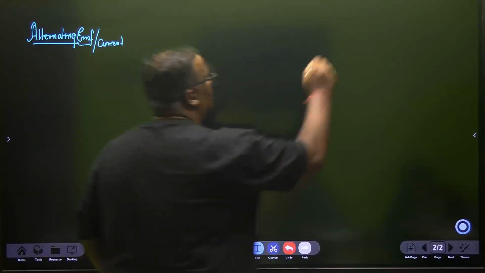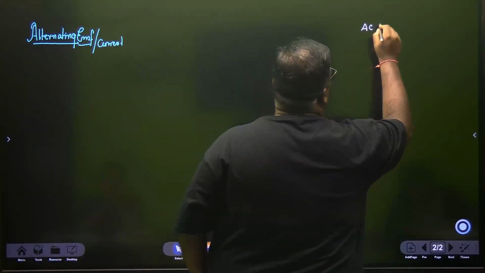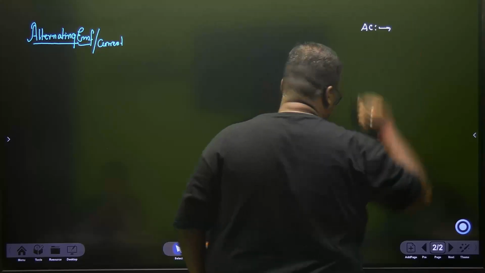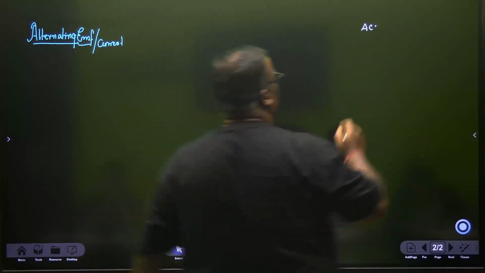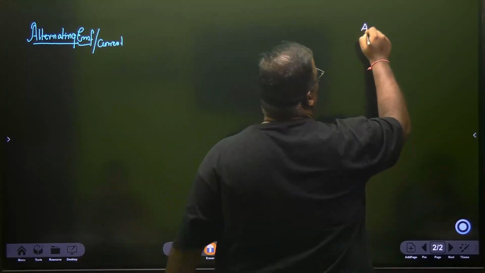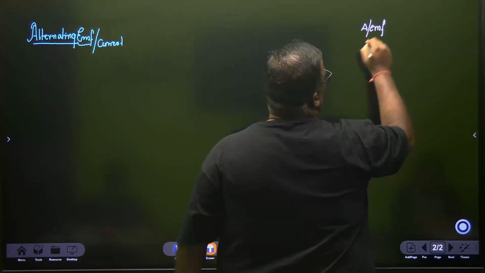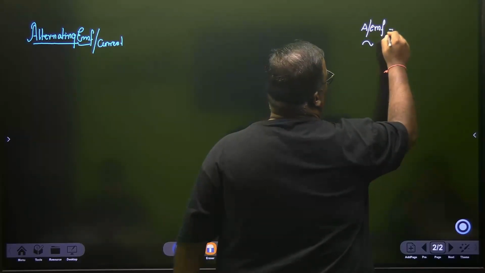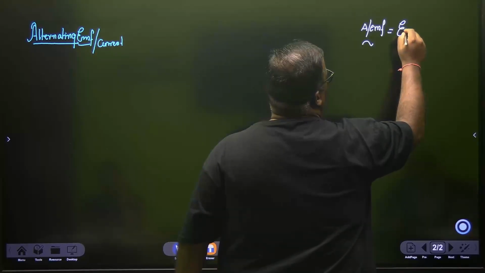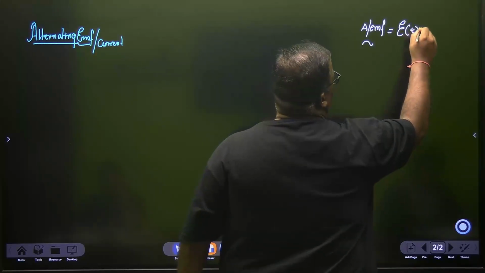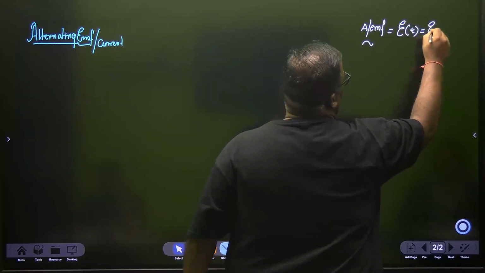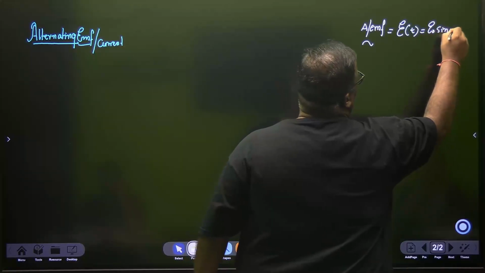E is equal to E naught sine omega t, which tells us that we have an alternating EMF. We usually show it by this sign. This is given by E at any time t as E naught sine omega t.